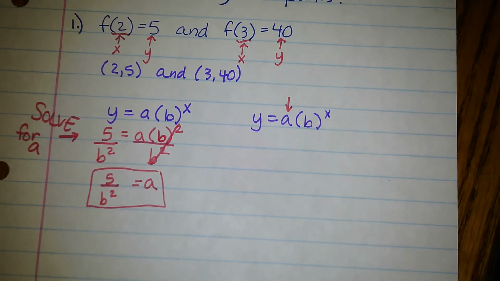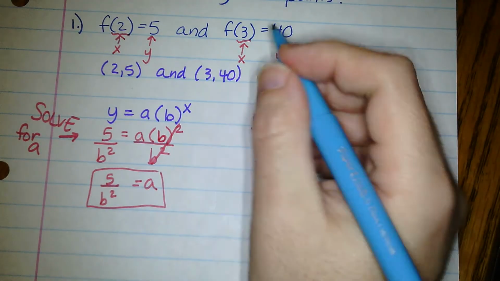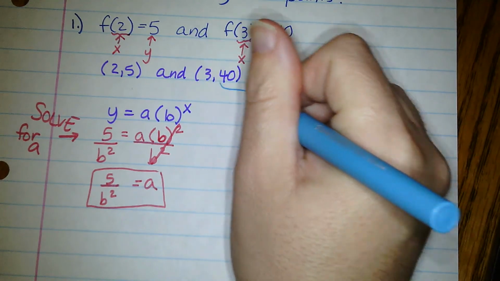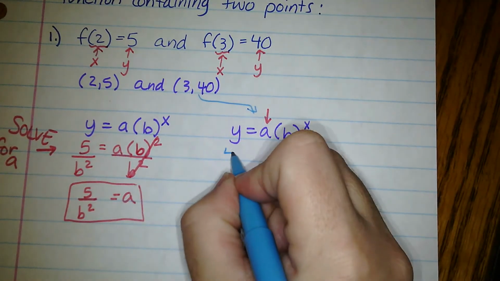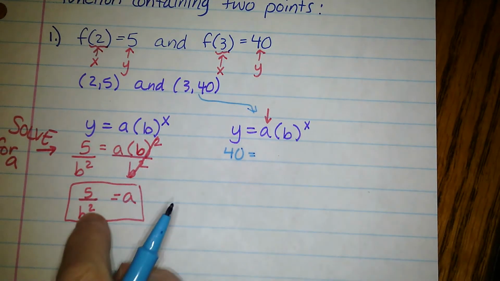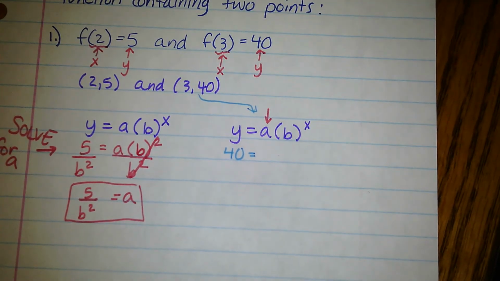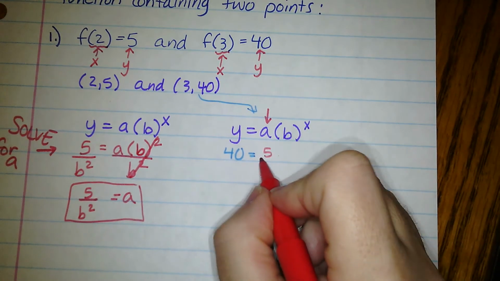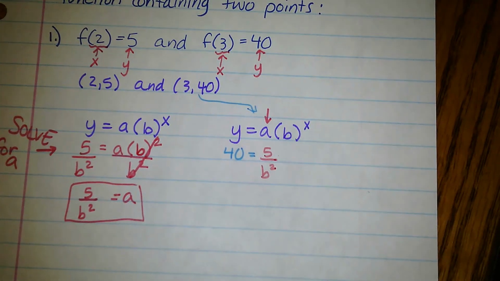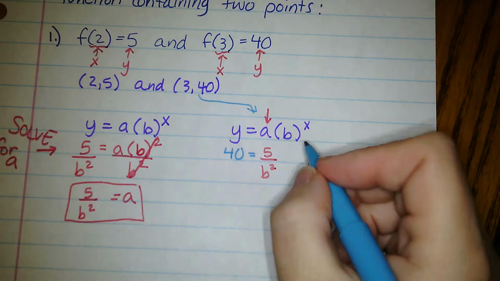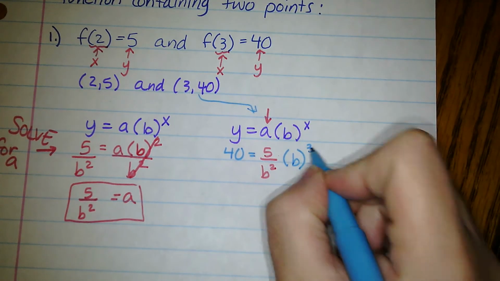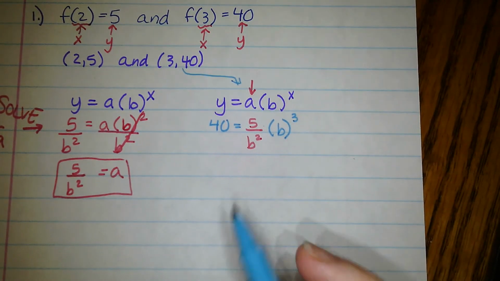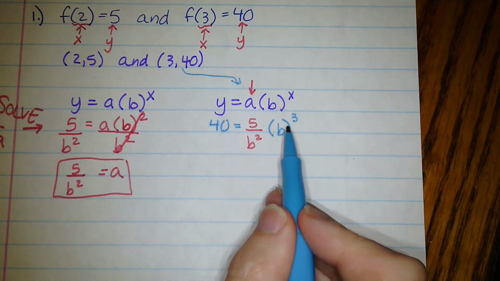The second equation is also going to have 3 as the x and 40 for the y. So y is 40. A is 5 over b squared, and then we have b to the third. So everything is now in terms of b.